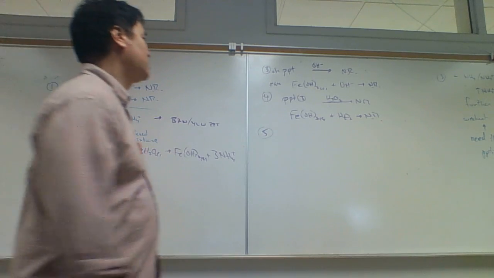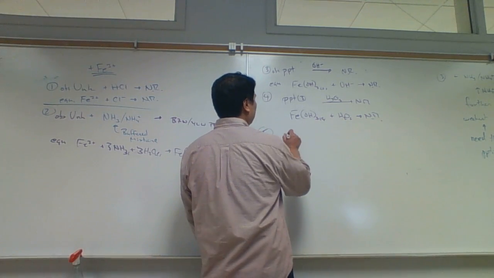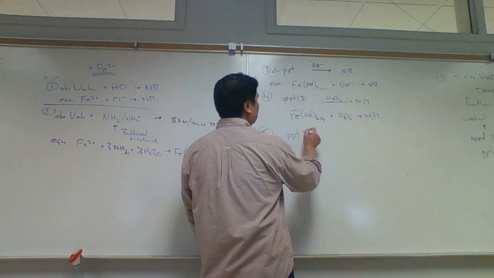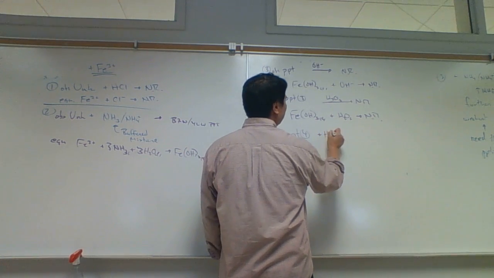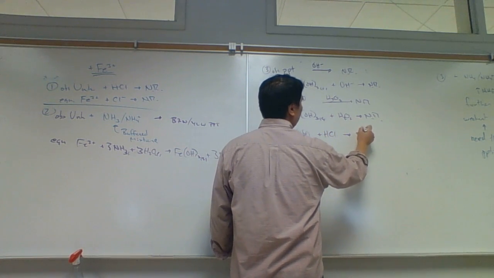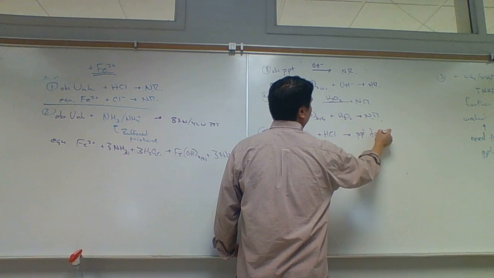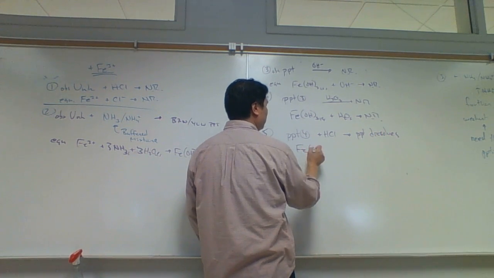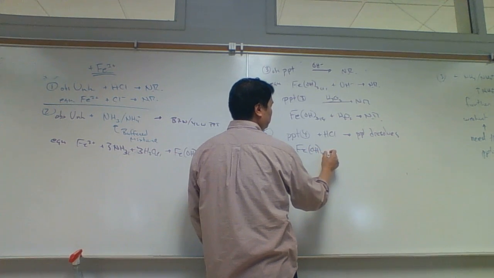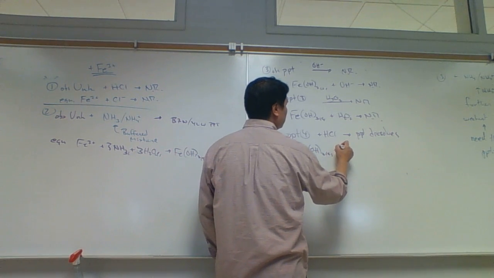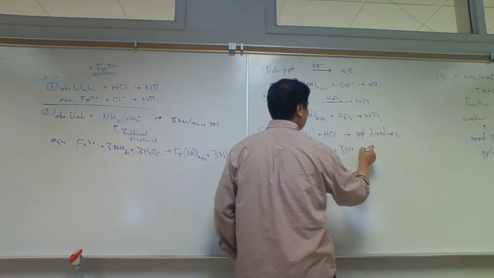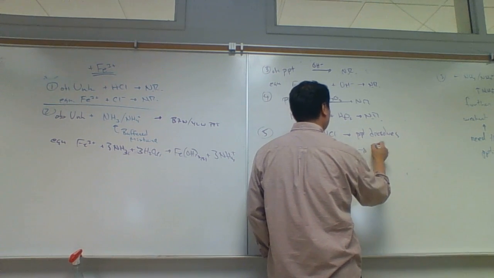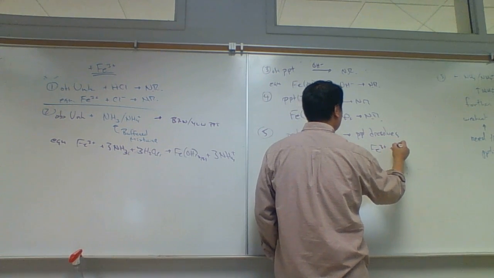So we take precipitate 4 and then add hydrochloric acid, and the precipitate should dissolve. So the iron 3 hydroxide solid plus 3 H plus, we'll just do it in net ionic form, gives Fe3 plus.